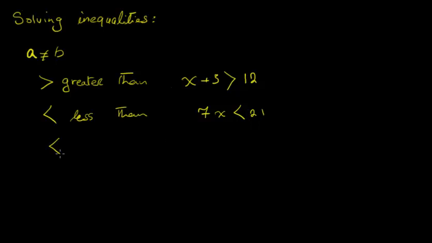The other sign is less than or equal to. For instance, 2x plus 3 is less than or equal to 7.